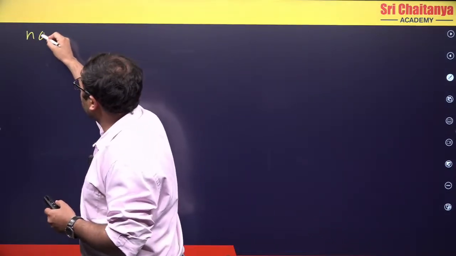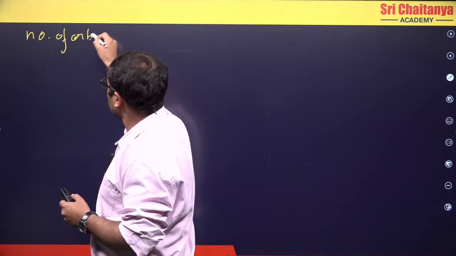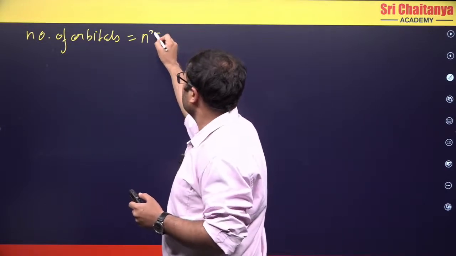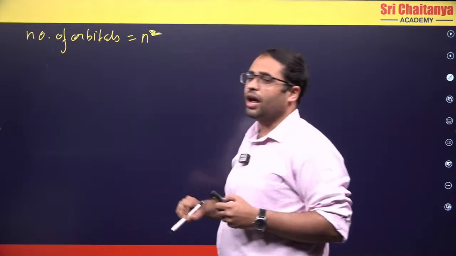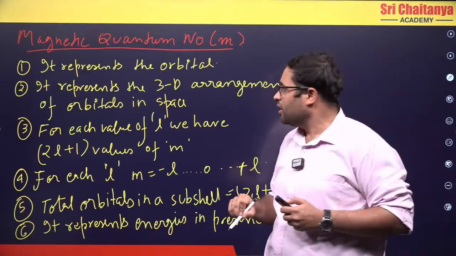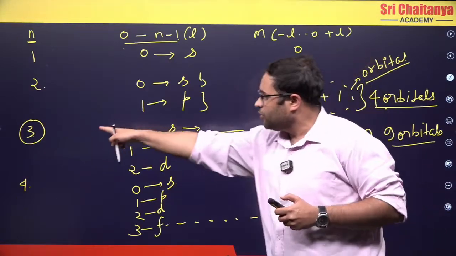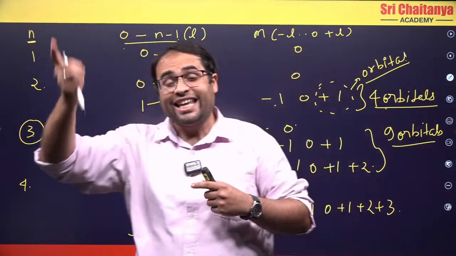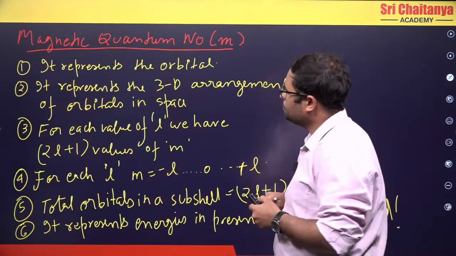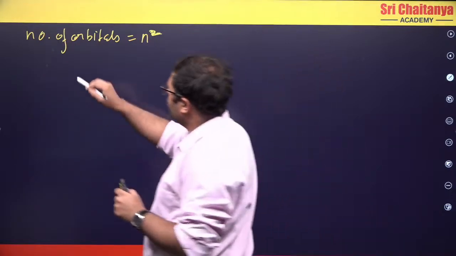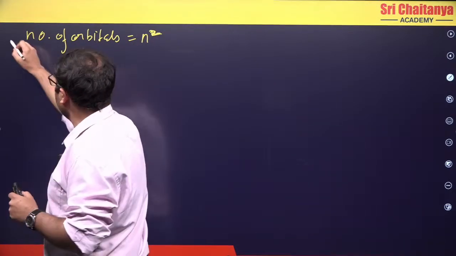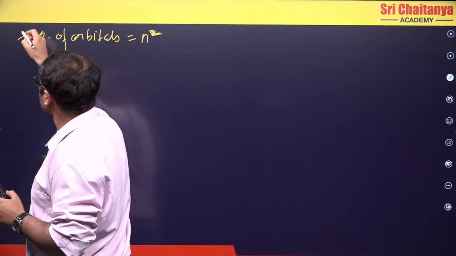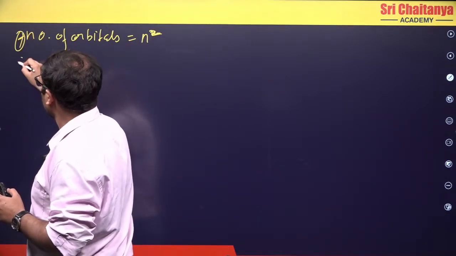Number of orbitals will be N square, right? Like that way, for 3 it is 9. For 4 it will be 4 square, 16 orbitals, right? So, number of orbitals equals N square. It is your next point. 7th.